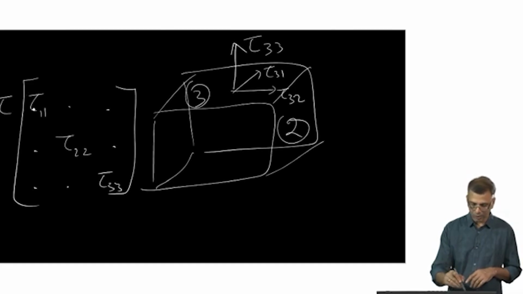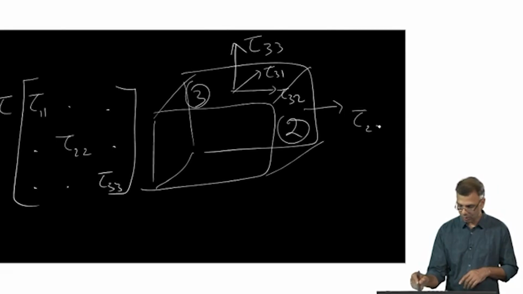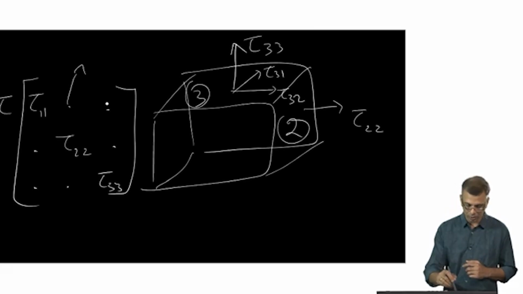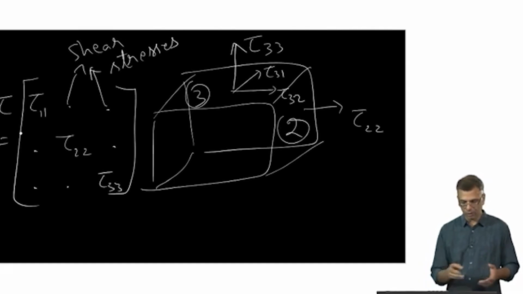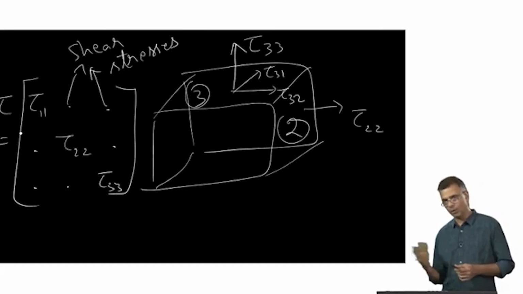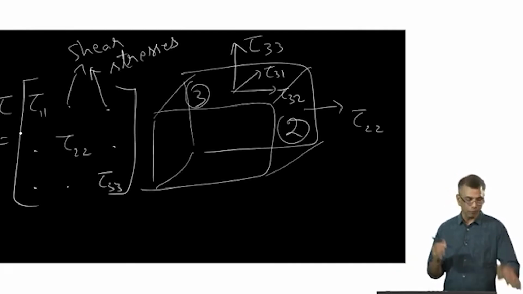The diagonal elements are these, and these are what you normally think of as pressure, normal pressure, and the off-diagonal elements are what you think of as shear stresses. This kind of description will be useful to keep in mind when we study the momentum equation, which is simply F equals ma for the fluid.